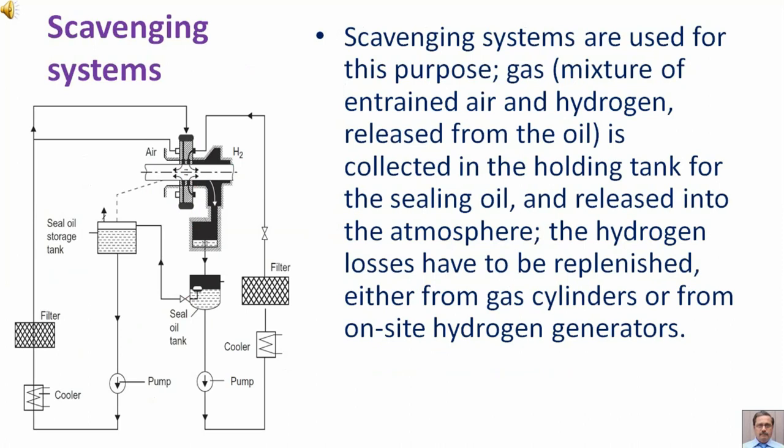Scavenging systems are used for this purpose. Gas is collected in the holding tank for the sealing oil and released into the atmosphere. The hydrogen losses have to be replenished either from gas cylinders or from on-site hydrogen generators.